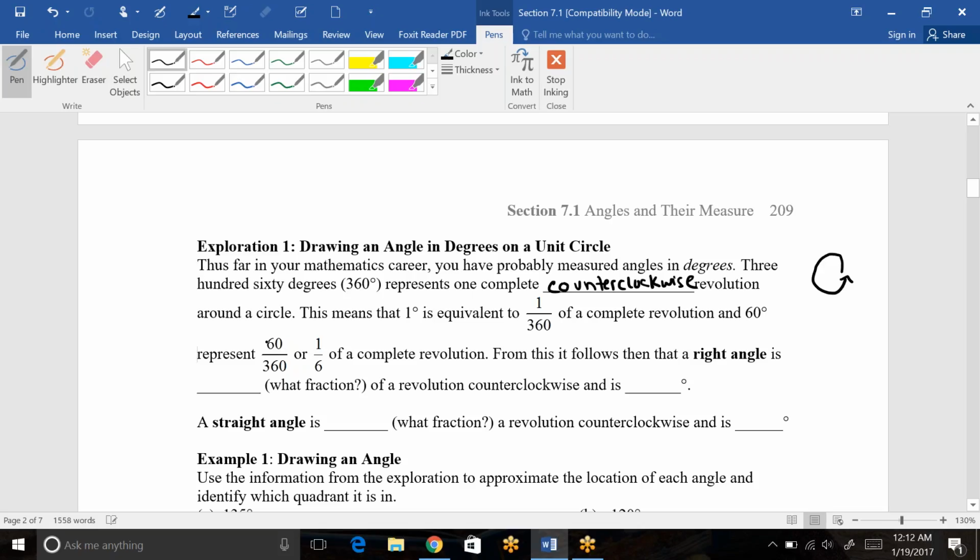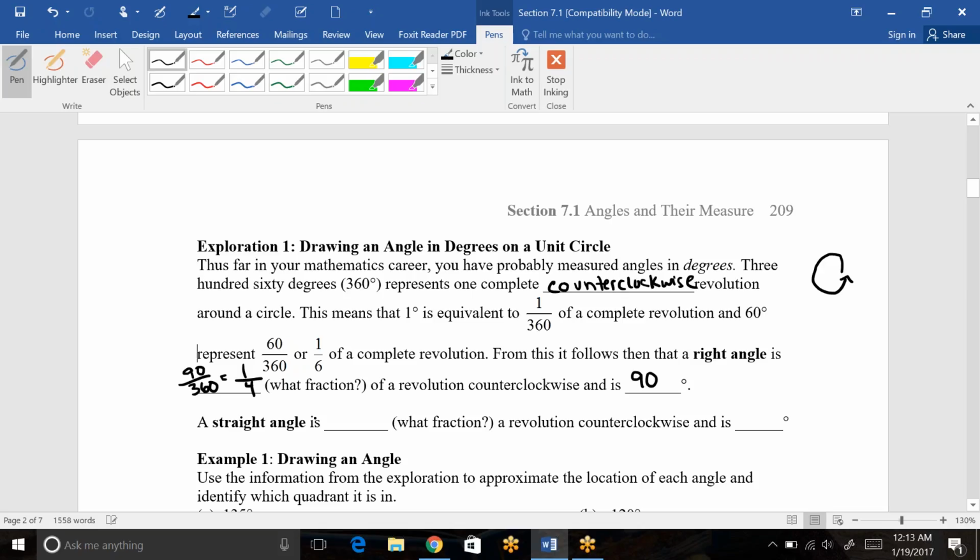So 60 degrees would be 60 out of 360, or 1/6 of the way around the circle. From this, it will follow that a right angle would be 90 out of 360, which is 1 out of 4. So it's a quarter, and we know that that is 90 degrees.